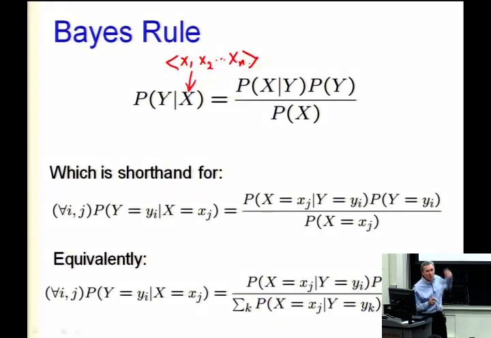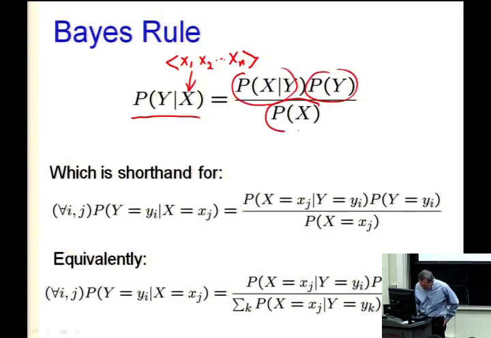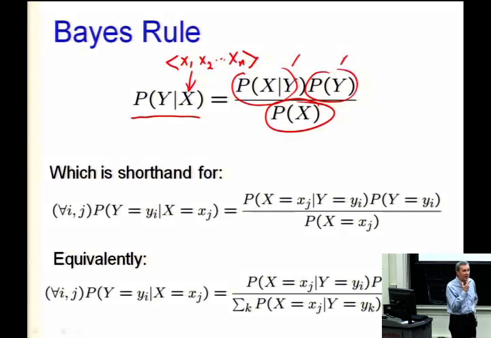Then maybe we can use Bayes' rule, because Bayes' rule says we don't necessarily have to directly estimate P of y given x. We could instead estimate these 3 things. And in fact, the denominator can be calculated from the top 2. So if we just estimate the top two, that would suffice.